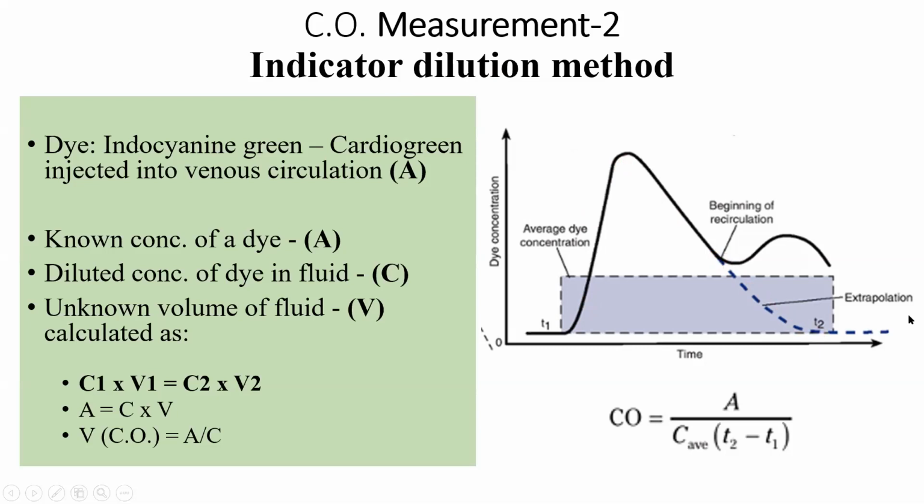Okay, this is standard extrapolation commonly used in mathematics. So by this we get that area under the curve. It's called the area under the curve, and this is the average value of the dye. Okay, so you see the problem is when you inject a liquid, a dye or whatever, inside a chamber which has moving blood, a moving liquid.